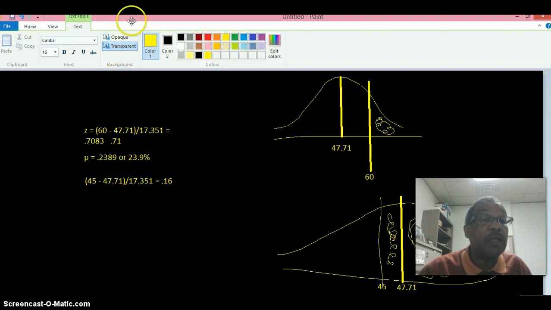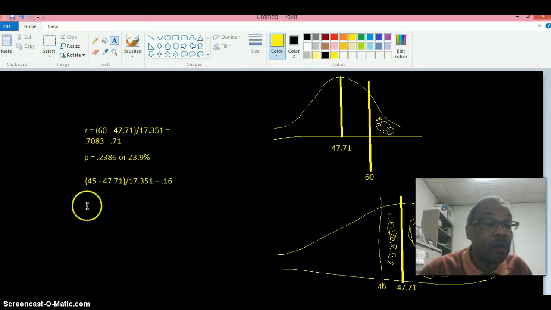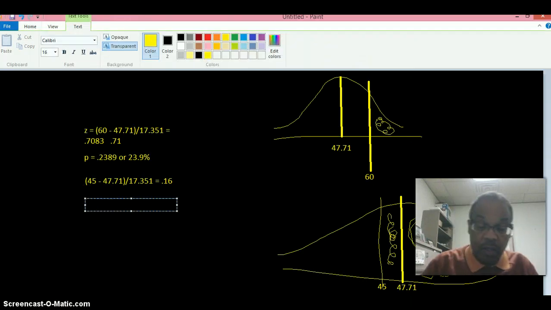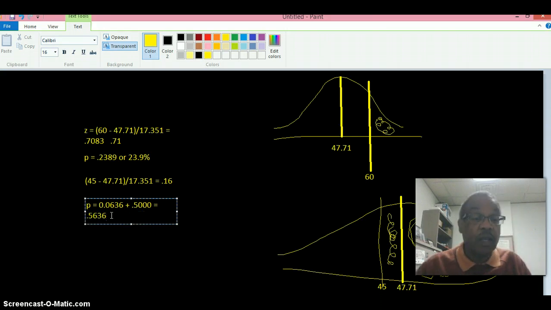So the probability equals 0.0636 plus 0.5000 to give us 0.5636.